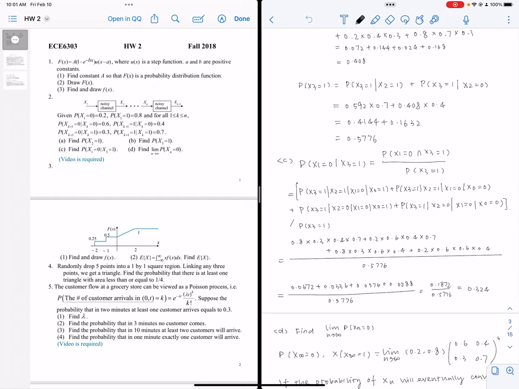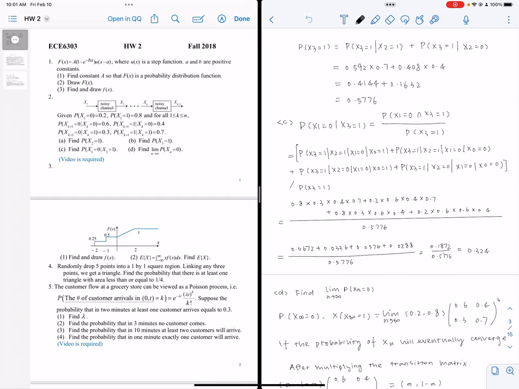So here we have the probability of x1 equals 0 and x3 equals 1 happening at the same time, divided by the probability when x3 equals 1.